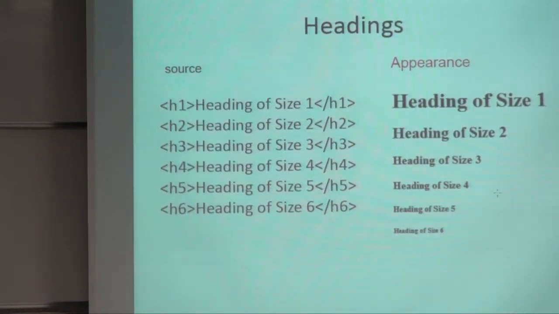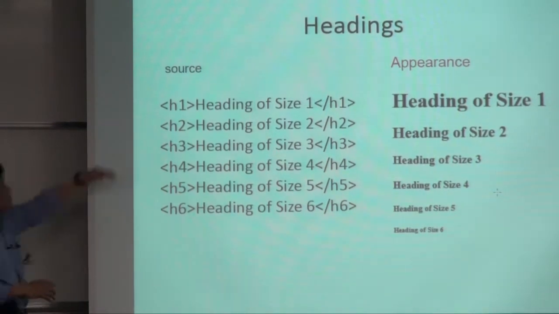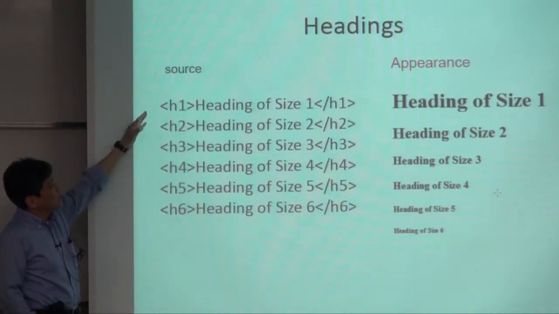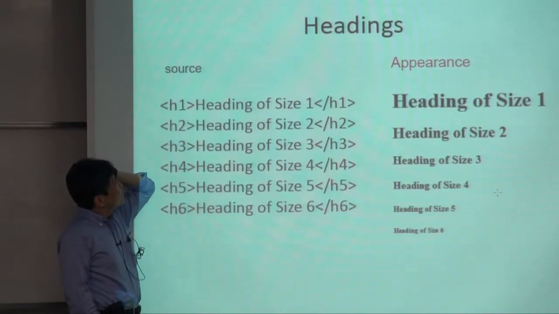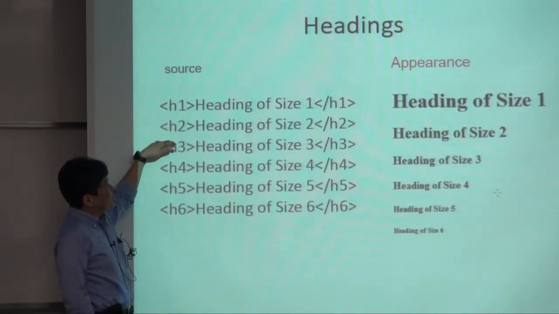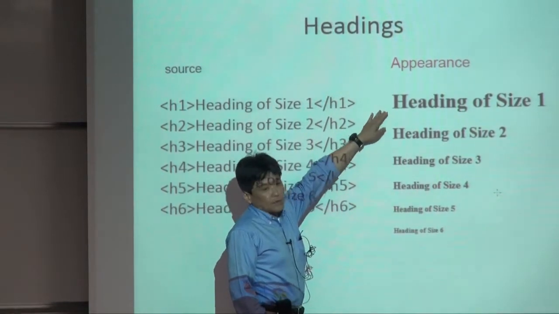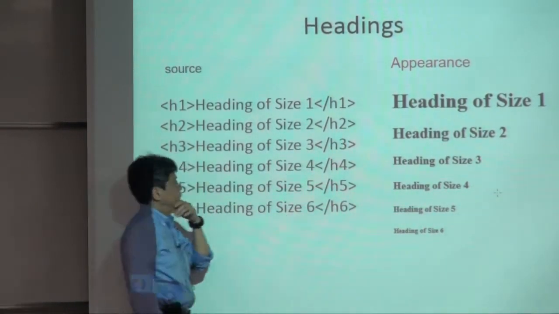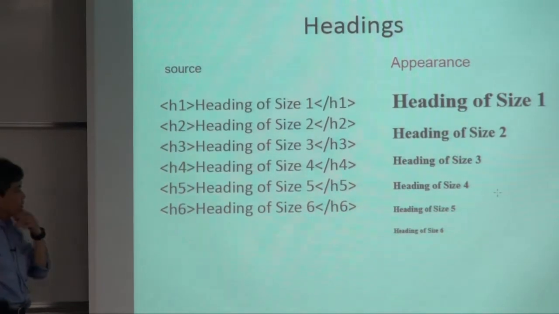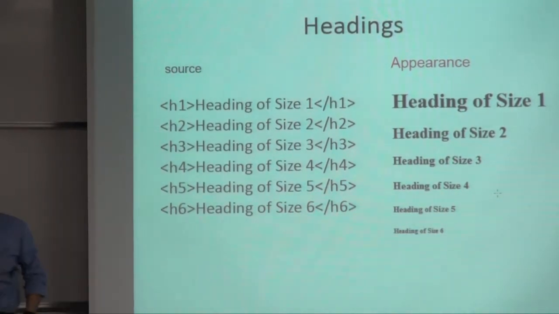And also you can specify the headings, different sizes of headings. So first heading, second heading, third heading. The first heading is usually the biggest size. Okay, you can specify up to 6 headings.